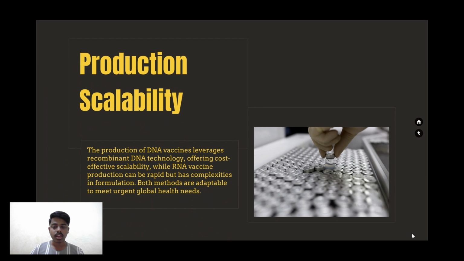Production scalability. The production of DNA vaccines leverages recombinant DNA technology, offering cost effective scalability, while RNA vaccine production can be rapid but has complexities in formulation. Both methods are adaptable to meet urgent global health needs.